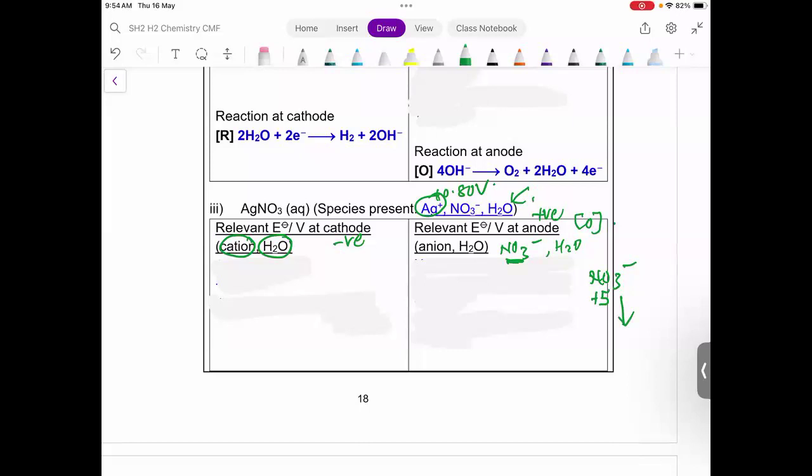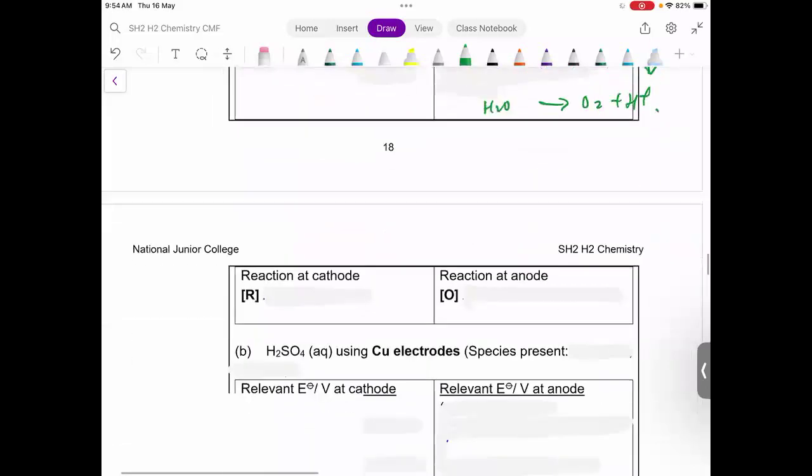Nitrogen is a group 15 element, maximum oxidation state is +5, cannot go beyond. So that's why nitrate cannot appear on the right side, and this is not applicable. Therefore you can only consider oxidation of water to become oxygen and H+. That's the half equation you should choose.